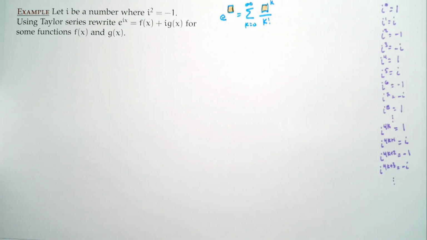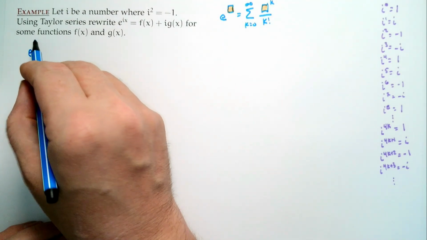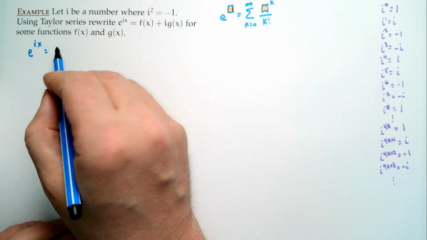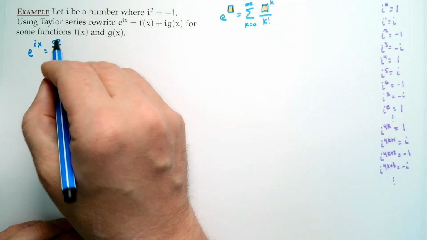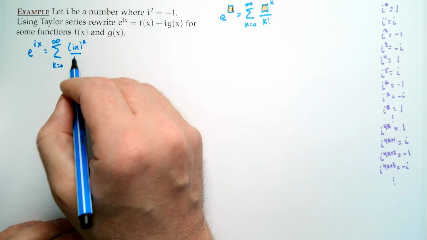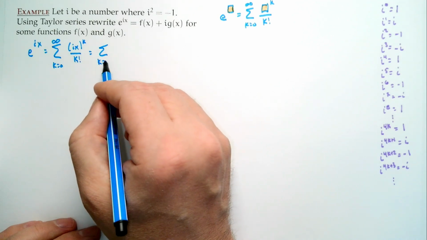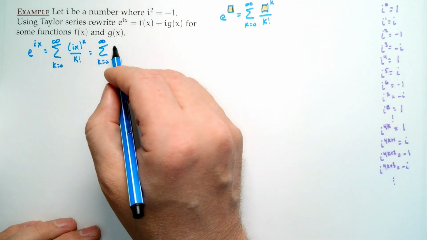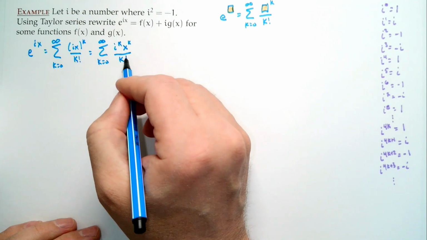All right, now let's begin. So, e to the ix is the summation, k equals 0 to infinity, of (ix) to the k over k factorial, which of course I can write as the summation k equals 0 to infinity of i to the k, x to the k over k factorial.